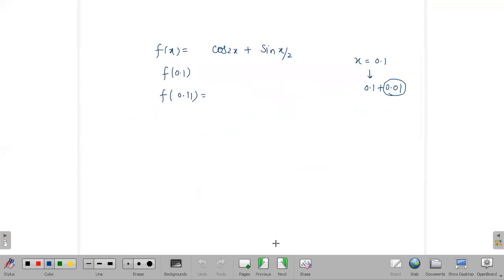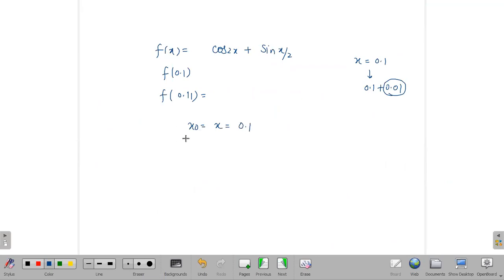Okay. So now how to write an algorithm? Suppose this is the mathematical problem. How to write the steps of the algorithm? First step, I have to take any number here. Suppose x I am taking 0.1.